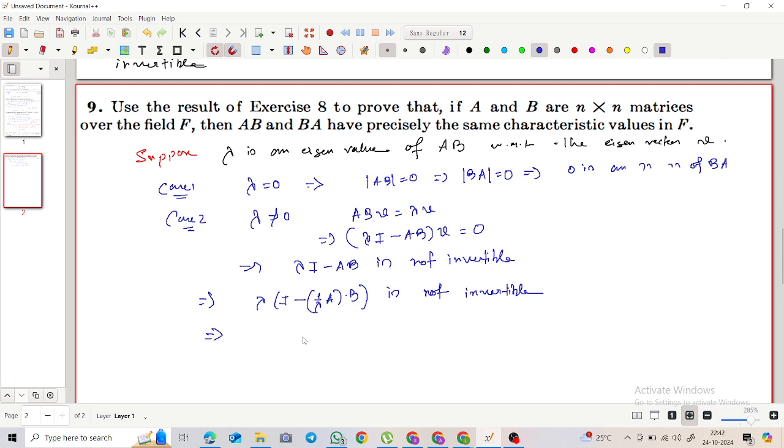This implies, just a minute, lambda into C. What does it mean? Take it as C. So I minus CB is not invertible, right?